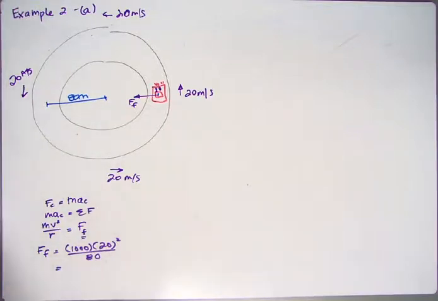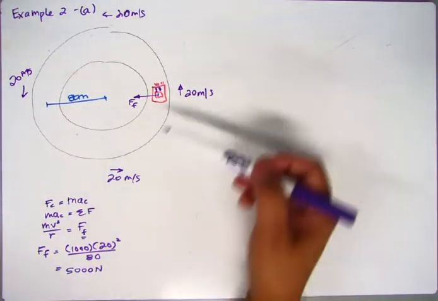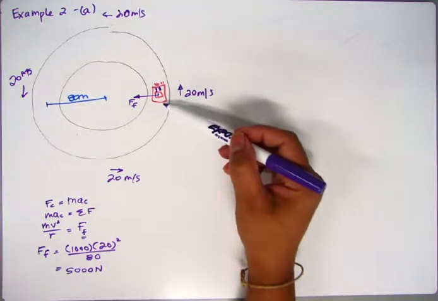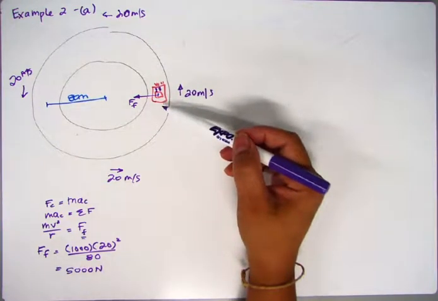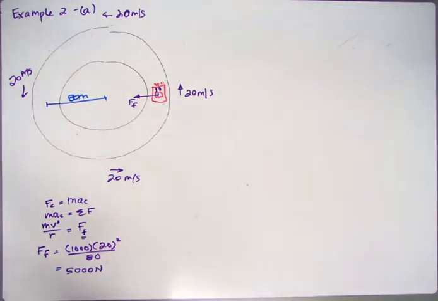Let's just confirm that my answer is correct: 1,000 times 20 squared divided by 80, we get 5,000, which is what they got, 5,000 newtons. So what this question is saying is that without 5,000 newtons of friction, this car is not going to make this turn. Part B asks for the minimum coefficient of friction.